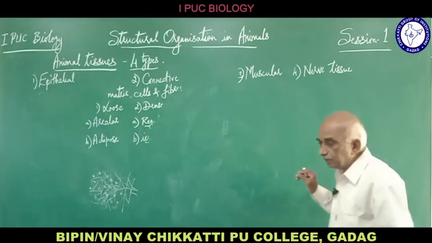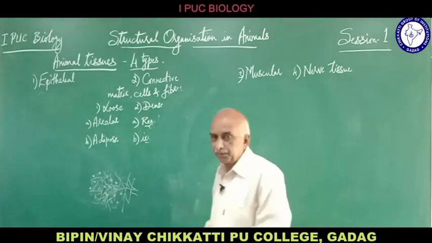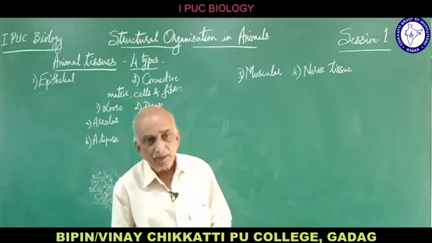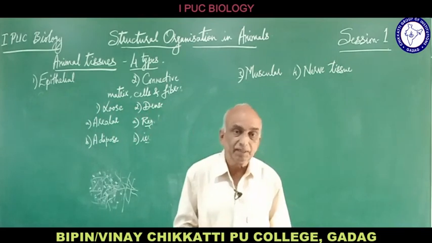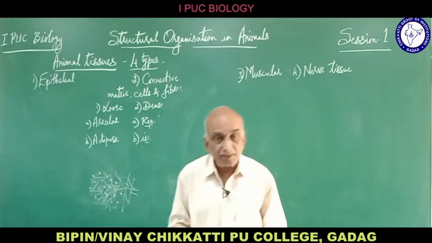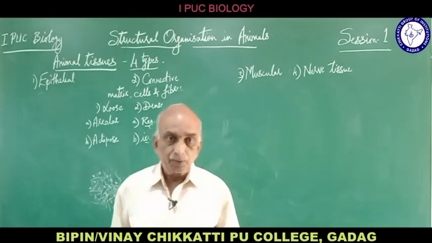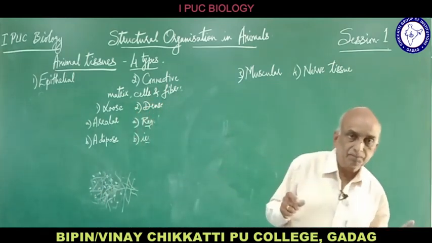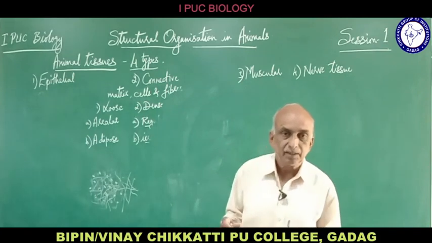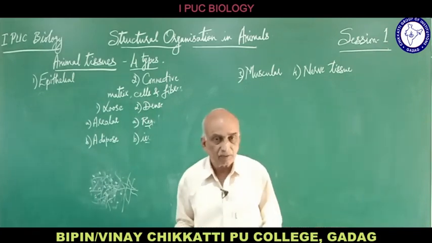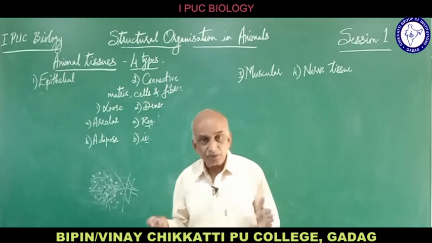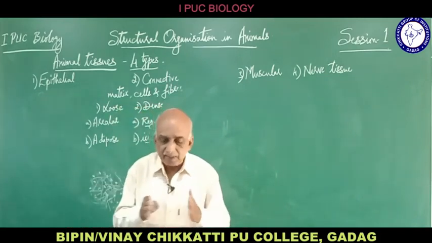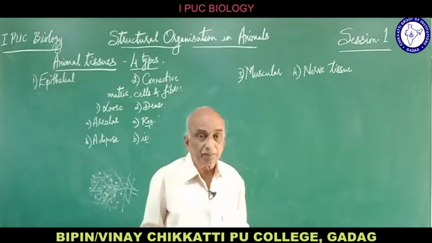The muscular tissue contains a specific type of proteins called muscle proteins, myosin and fibrin. These muscle proteins, which are present in the muscle fibers or the muscle cells, cause the contraction and stretching of the cells, just like a rubber.